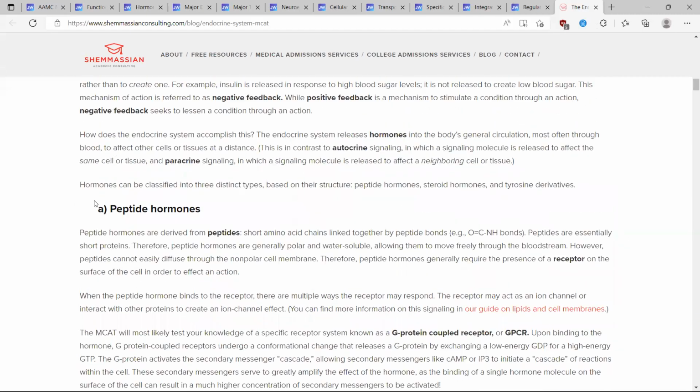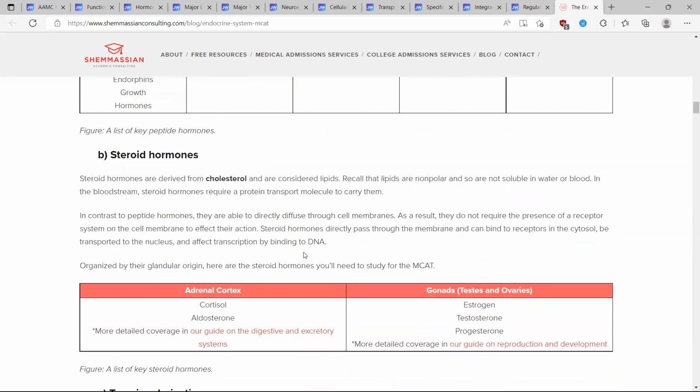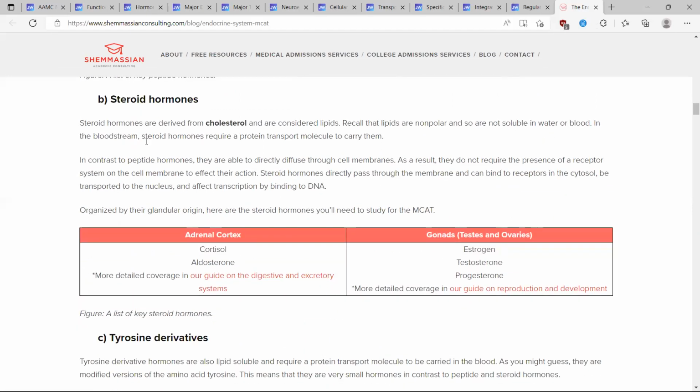We just talked about peptide hormones. Peptide hormones are small protein type hormones. Now we have steroid hormones. Steroid hormones are derived from cholesterol. If they're cholesterol and lipids, then they're non-polar and not soluble in water. So I said they have to transport through the blood for the endocrine system. How does that work?